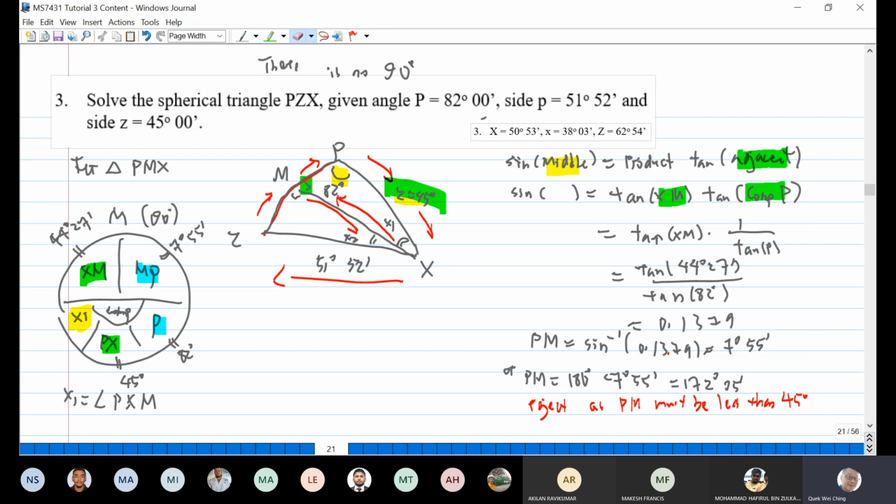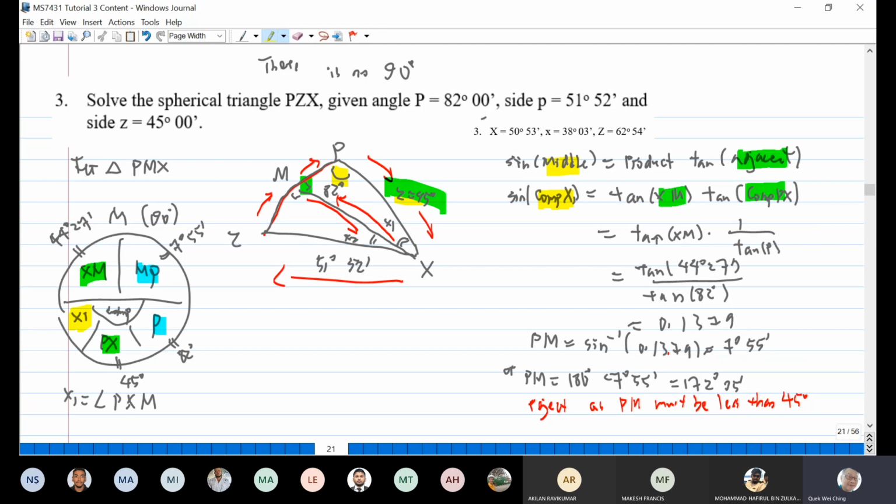So I can use tangent XM and tangent of PX here. PX is below the view, so it's called com PX. Now this will also have an x1. X1 is actually sine of com x1.